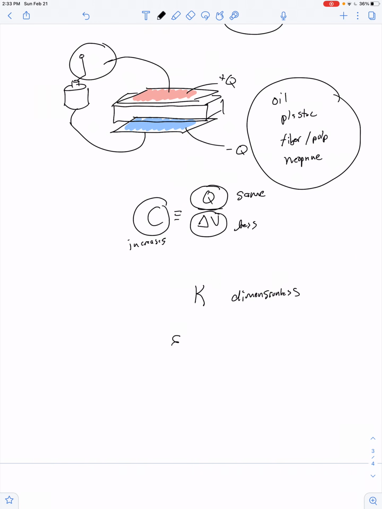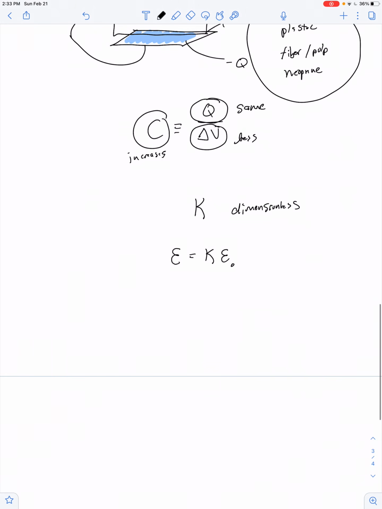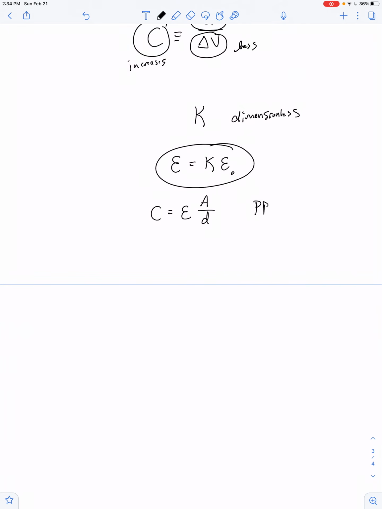So the permittivity of the dielectric material is a dimensionless quantity multiplied by the permittivity of free space, and therefore the capacitance of a non-air-filled capacitor, if it's parallel plate anyway, instead of epsilon naught A over D, is just epsilon A over D. Okay, that's the parallel plate capacitor.